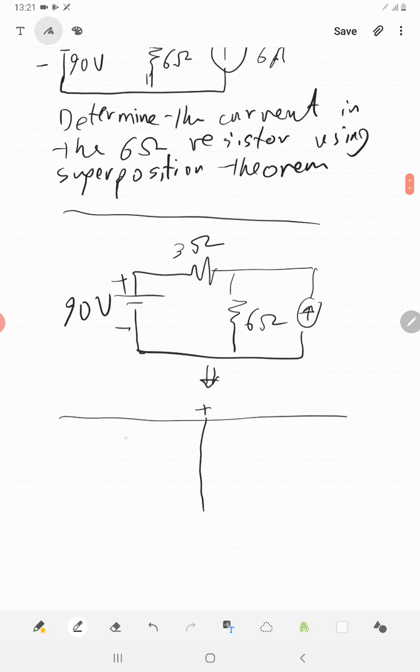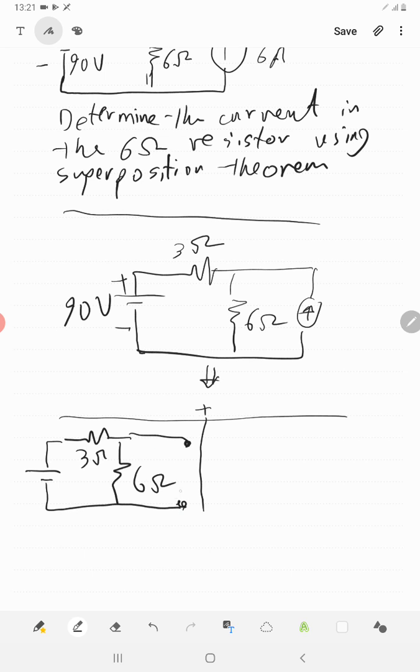The first circuit has 6 ohms, 3 ohms, and it has 90 volts and an open circuit here. Why do we open circuit? Because we remove the 6 amps current, and when we remove a current source, we make it open circuit, plus minus 90 volts.